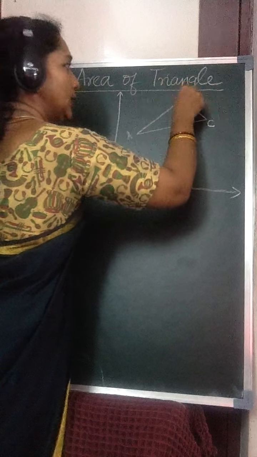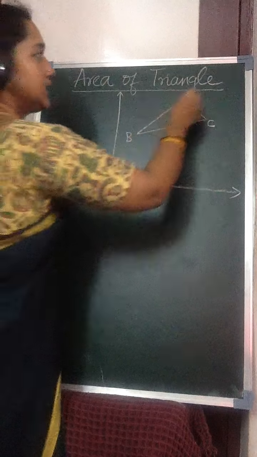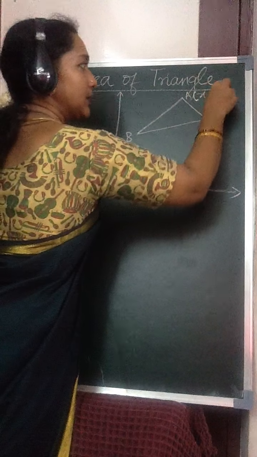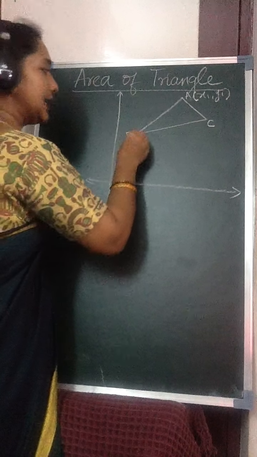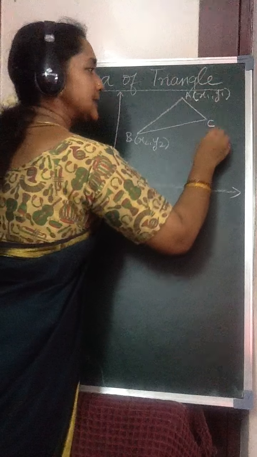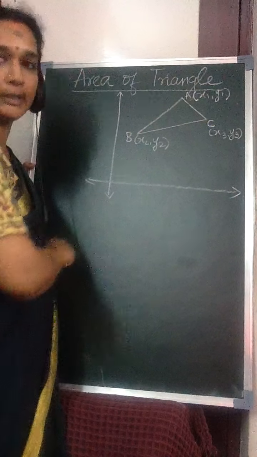So this is A, take this as B and this one as C. So the coordinate of A, take it as x1 comma y1, B as x2 comma y2, C as x3 comma y3. These are the coordinate points.